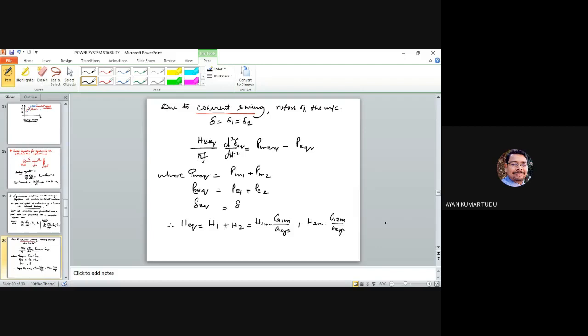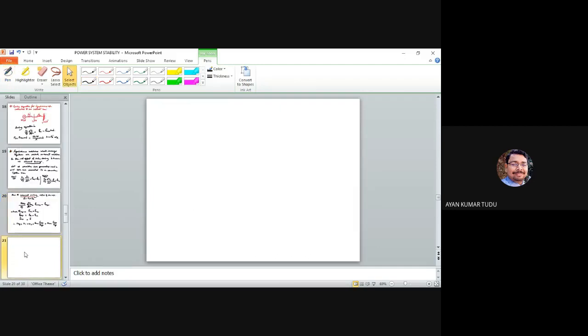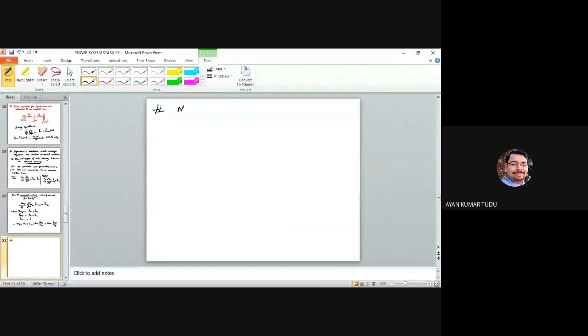Now suppose we have a two machine system where one is a synchronous generator and the other is a synchronous motor. In that case, the swinging that is obtained is known as non-coherent swing.